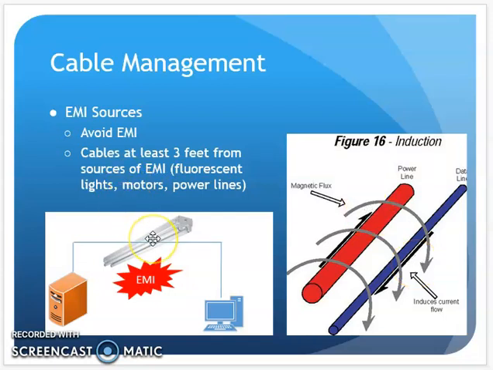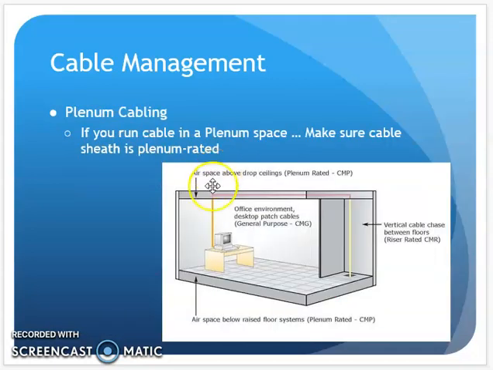Things like fluorescent lights can do the same thing. Things like motors can do the same thing. And that comes from air handlers moving air around a building, air conditioners, pumps turning on and off, fans turning on and off, power lines. I need to look out for those and keep my cabling away. It depends on what it is. Sometimes it's only a few inches up to a few feet away from that. So I usually want to try to keep my data lines away from them as much as possible.